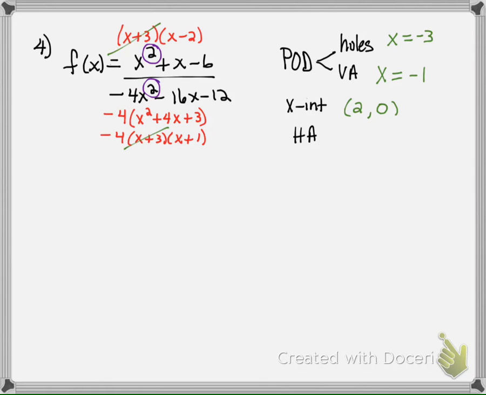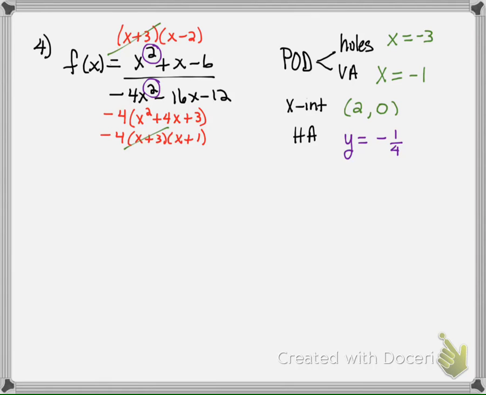Okay, so leading coefficient of the numerator is 1. Leading coefficient of the denominator is -4. So that would be y is equal to what? -1/4. Doesn't matter where that negative sign is, at the numerator, denominator, or just out front. It's going to end up being a -1/4. And you're done with those.